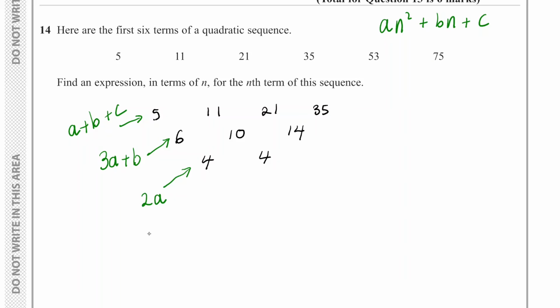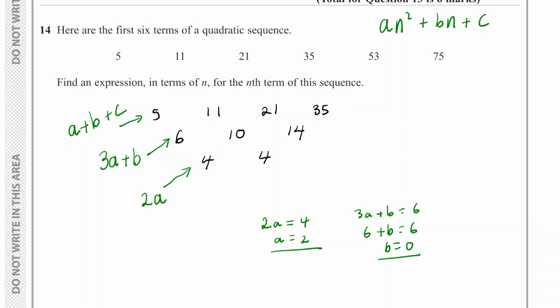So if 2a is equal to 4, a must be 2. If 3a plus b equals 6, and a is 2, 3 2's make 6. 6 plus b equals 6. b must be 0.